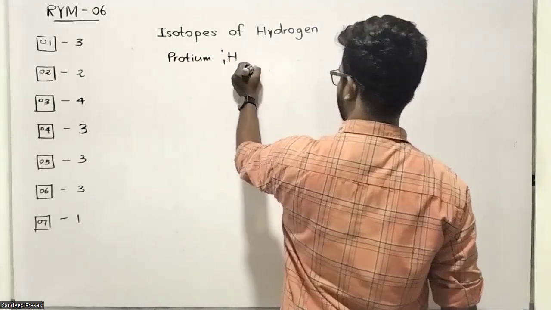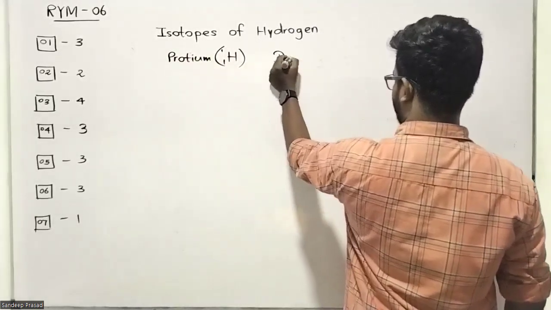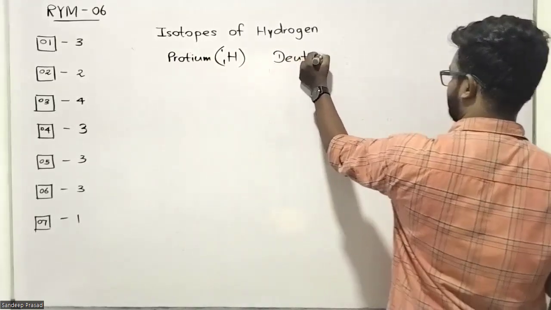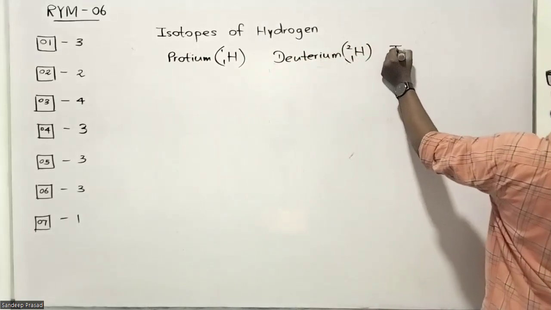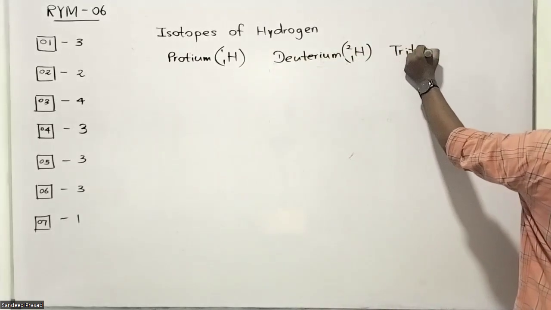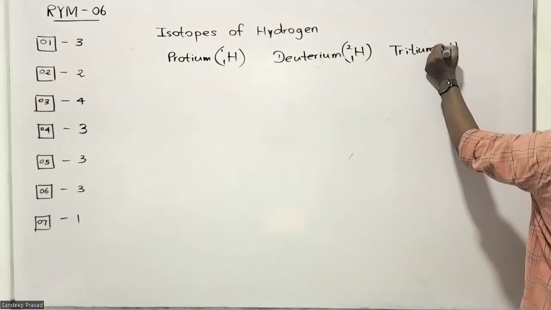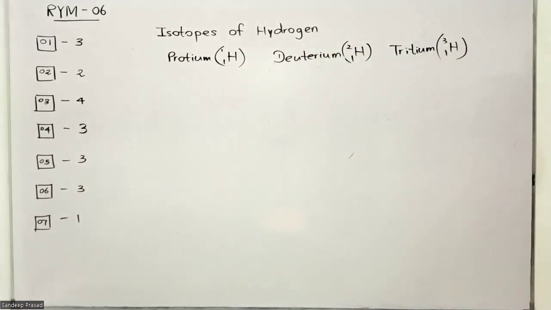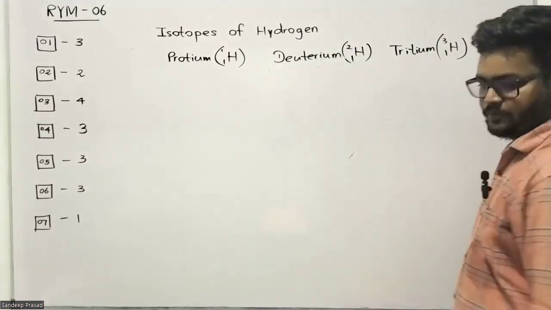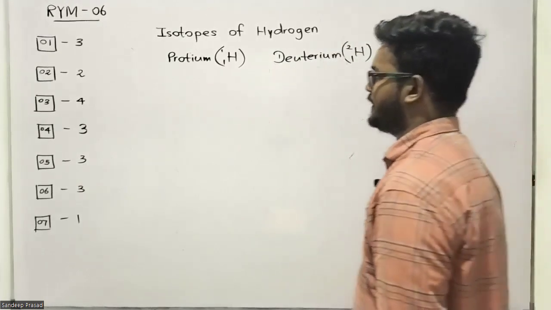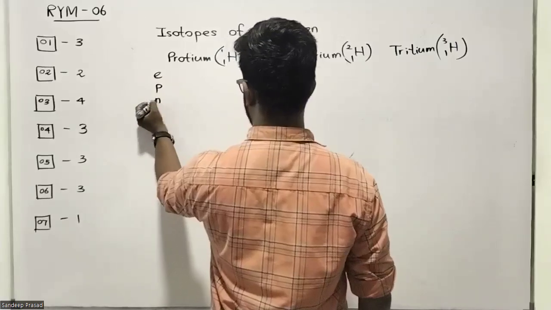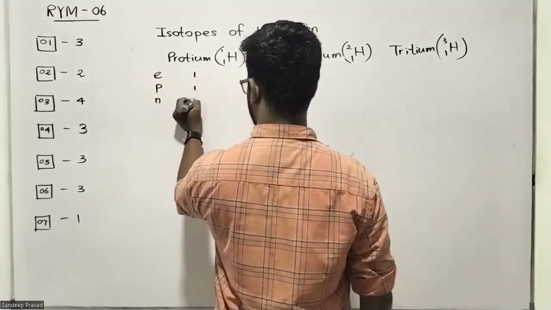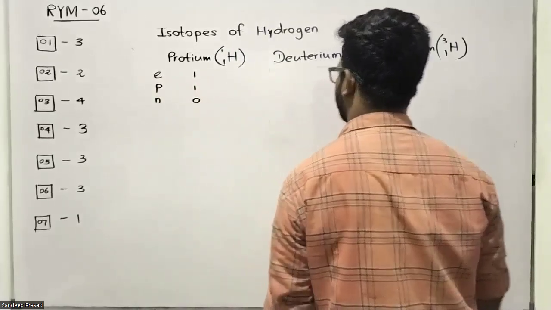What are they? Protium, hydrogen 1,1. Then the next one is deuterium, hydrogen 1,2. Then the next one is tritium, hydrogen 1,3. These are the 3 types of isotopes of hydrogen. Considering the number of electrons, protons, and neutrons in each: protium has 1 electron, 1 proton, 0 neutrons.